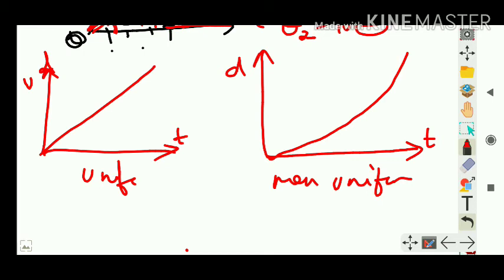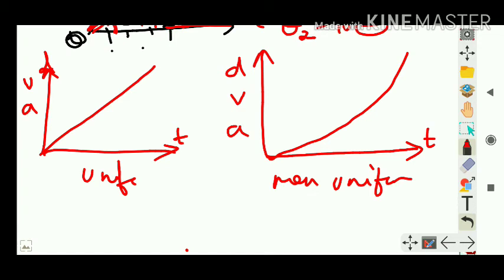So uniform velocity, non-uniform velocity, uniform acceleration, non-uniform acceleration: the graph is like this, and you can just change the axis according to the question. Clear? If equal changes on the y-axis happen for equal intervals of time, then that is uniform. If equal intervals of time do not produce equal changes on the y-axis, then it is non-uniform.